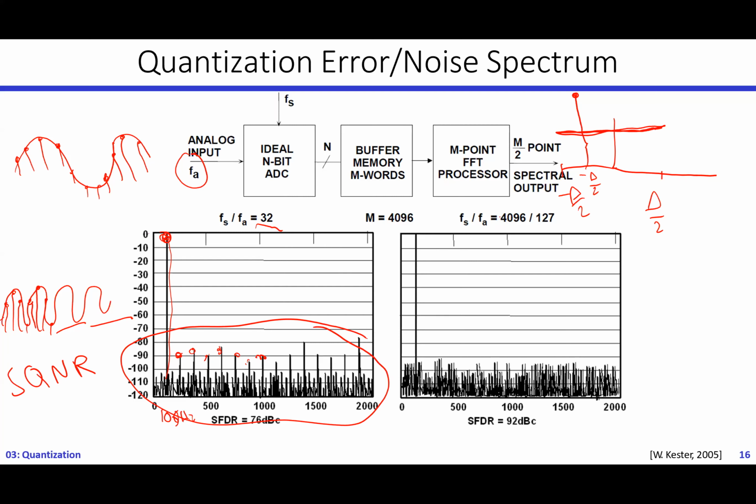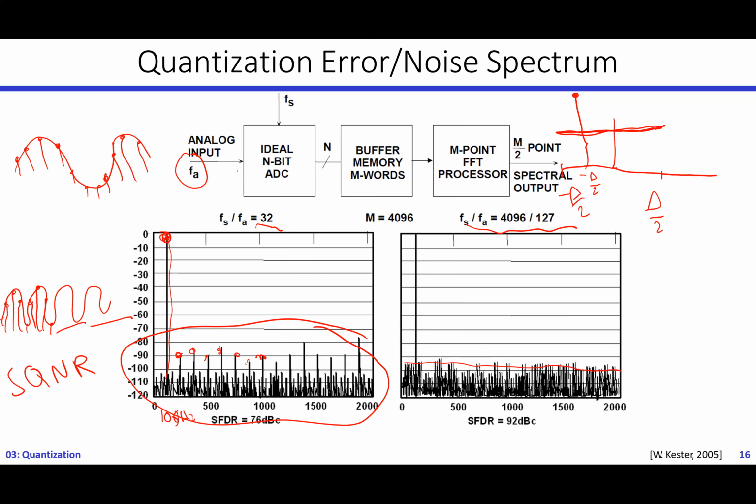Now, on the other side, if my sampling frequency over FA is 4096 divided by 127, which is not an integer, you can see that these harmonics have been eliminated. You just have this noise floor here, but not the harmonics. And this is better performance.